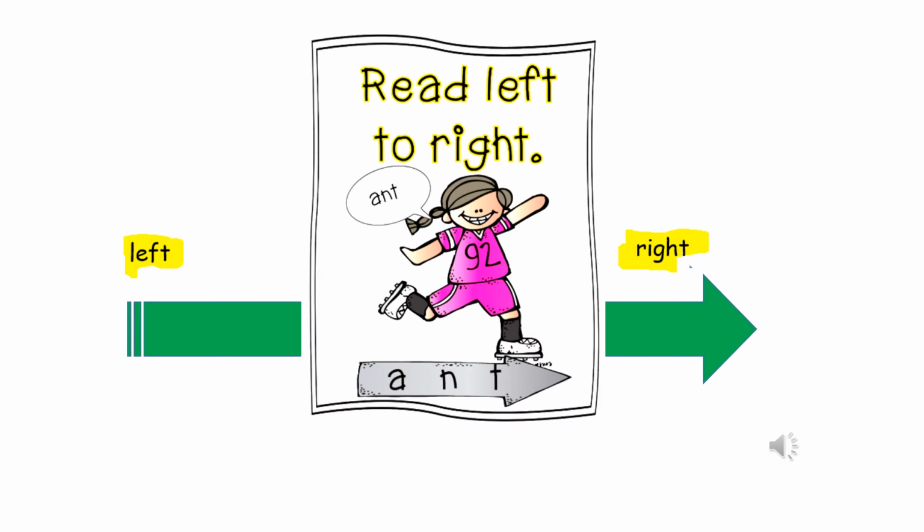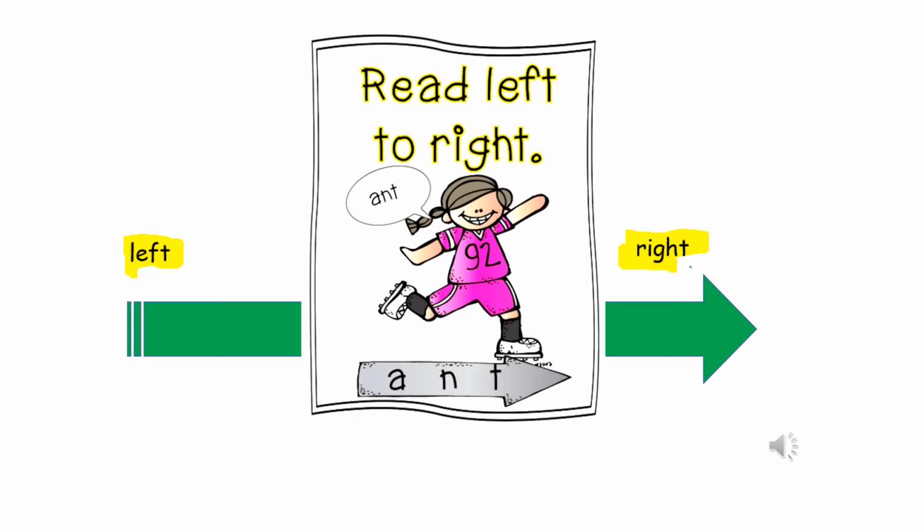Selecting the correct symbol for less than and greater than is pretty easy if you remember the rule about how you read. We start reading words from left and we read to the right side. So in this picture, the girl is saying the word ant, A-N-T.